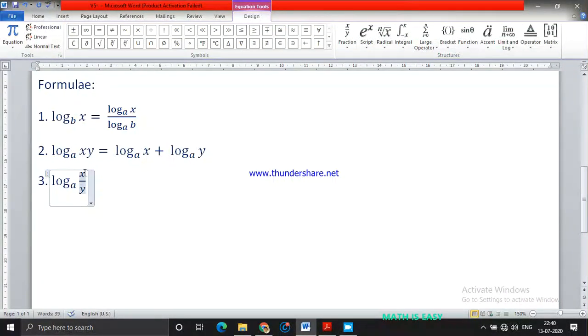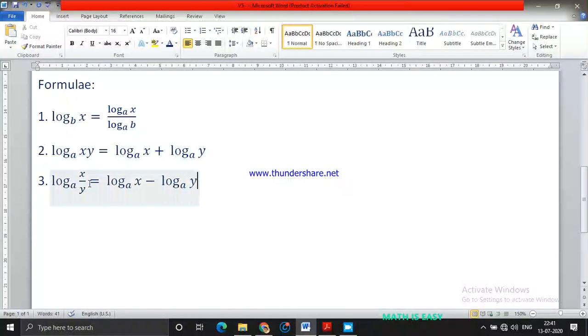So we can split it as log x to the base a minus log y to the base a. These are the formulas which we are going to use most. The rest of the formulas we use very rarely. Here base a will remain the same and this will go as y. Product is there, difference is there, and exponents will be there.